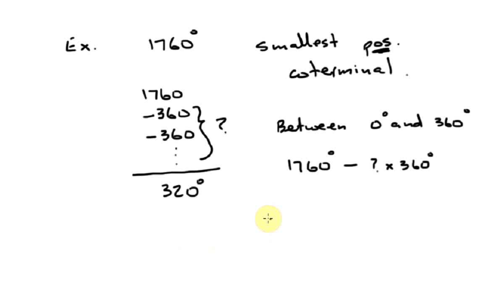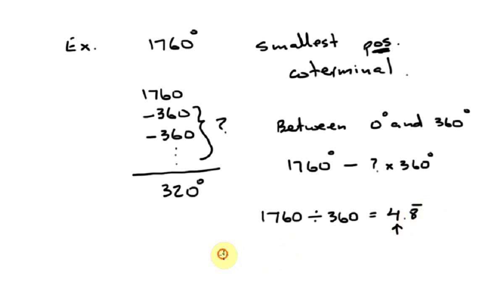What you do is, let's just take 1760 and divide that by 360. See how many 360s go in there. And you would get 4.8 repeating. Now what you want to focus on is this number, and say that means there are 4 complete groups of 360. And then I have a little bit extra here.